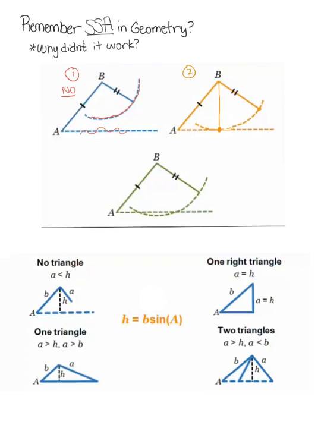In case number three, when the second side is longer, when it swings, it actually hits in two different places. So I have two possible triangles that are created.